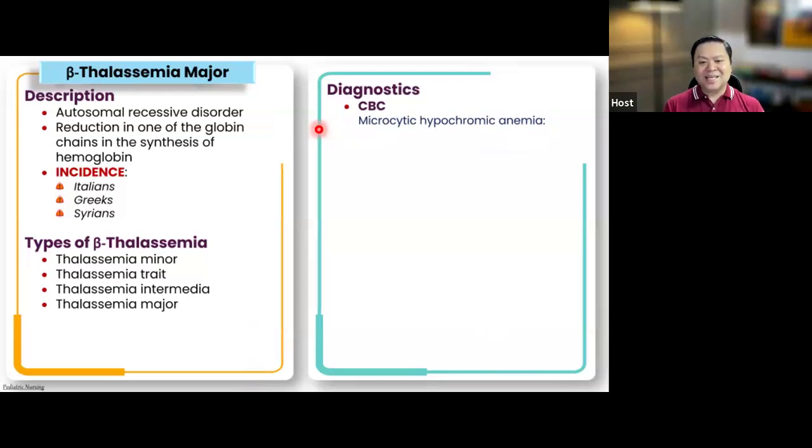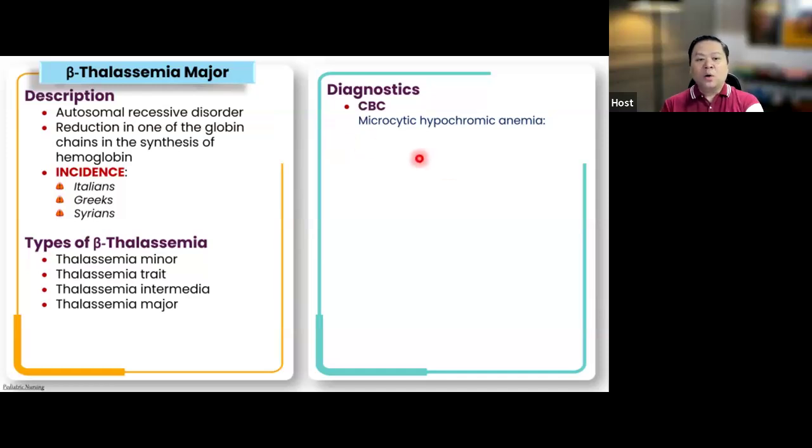So it simply means that the size of the red blood cells are quite small, and the tinge or the color of the red blood cells is pale, hypochromic. There is a reduction in the hemoglobin content, so that is why it gives the red blood cell a characteristic pale color. It lacks pigment.